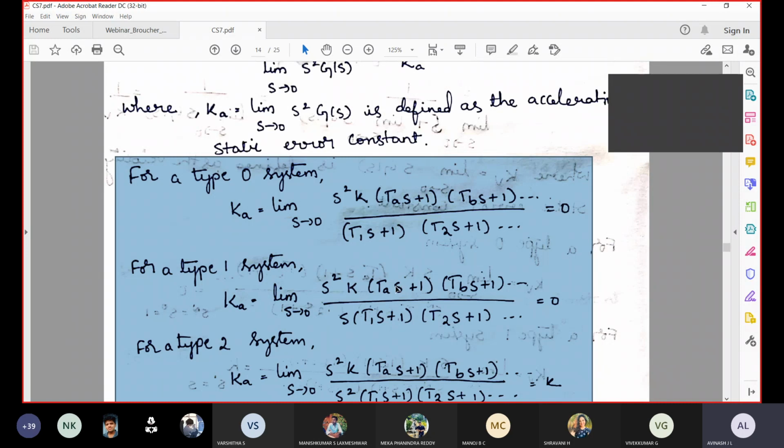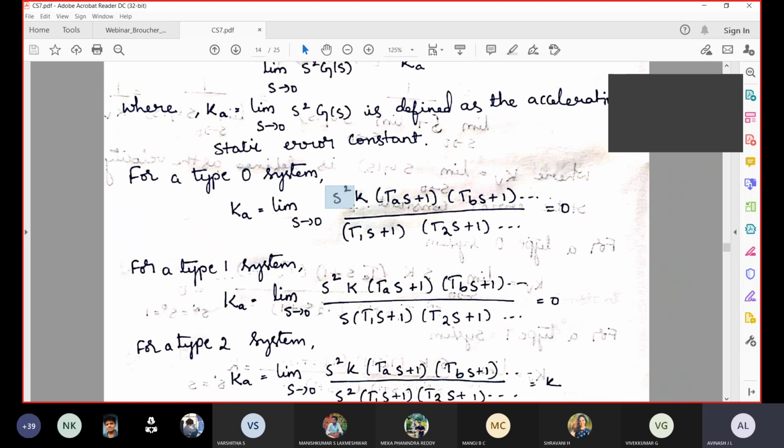Directly you can write it, similarly to the previous. The same equation, but in the previous one s was there, and before that nothing was there. Now we are with s square. So just replace in this equation with the multiplication factor s square, and we'll get different values. That's all.